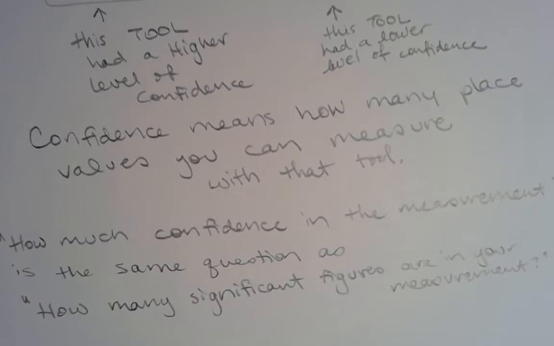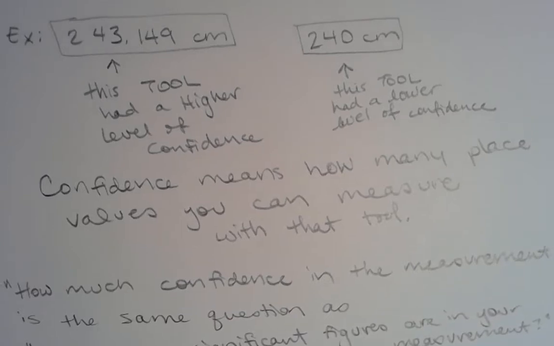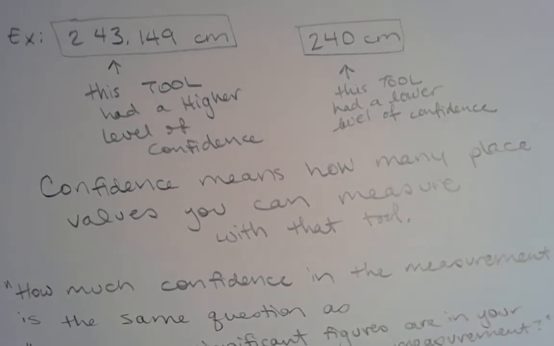And in the original longer videos, we went into measuring a room with a ball of yarn versus with a fancy laser tool. One tool is just going to give you a more precise number that you have more confidence in, and one gives you a lower level of confidence. When you're looking at your numbers, you can ask the same question by saying how many significant place values could that tool measure to?